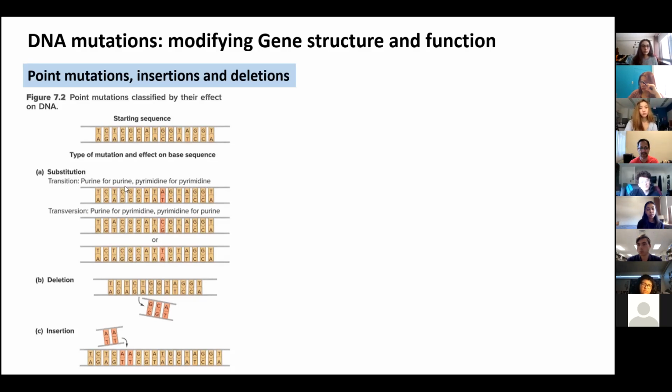Then we have the mutations that involve more than one pair. Those are called deletions or insertions. In deletions, a fragment of the DNA, a certain number of nucleotide pairs, is removed. It can actually be only one pair, but often more than one base pair is removed. And in insertions, new nucleotide pairs are inserted into the original sequence.